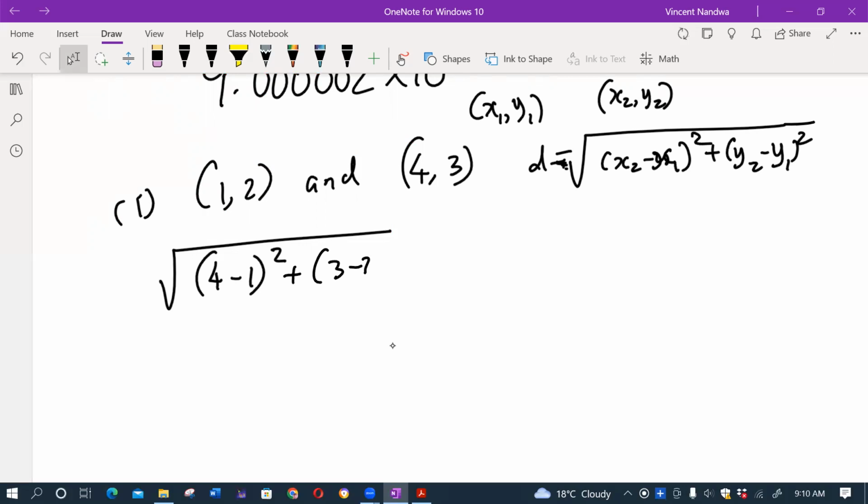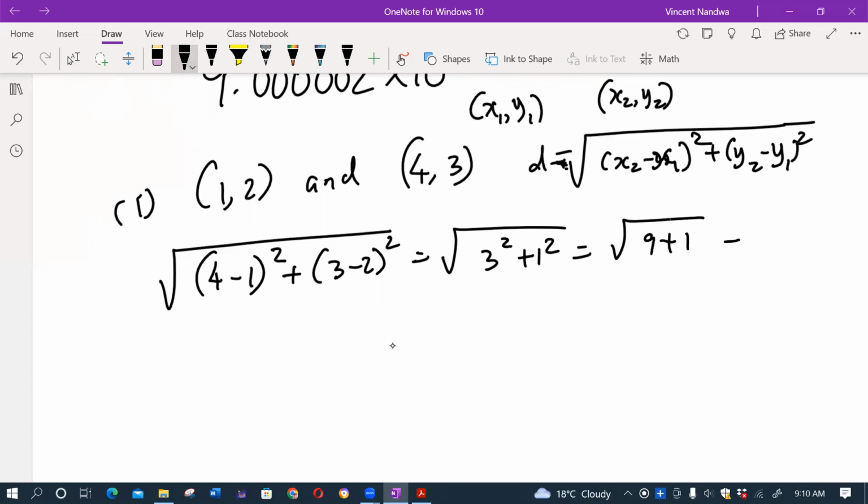So square root of 4 minus 1 squared plus 3 minus 2 squared, which is square root of 3 squared plus 1 squared, 9 plus 1, which is root 10, which you may write as 3.162277766.